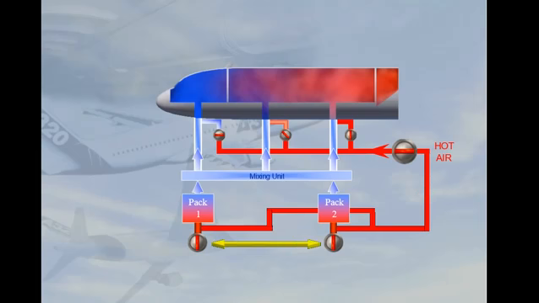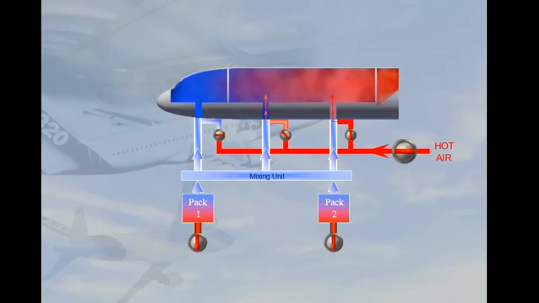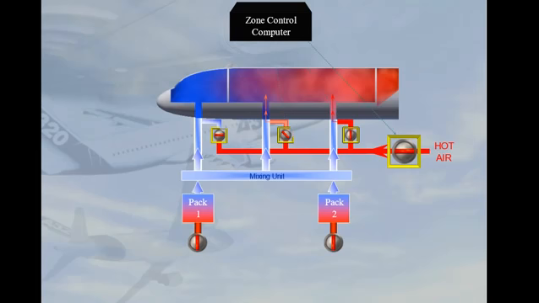This means that if the pack flow valves are closed, there is no air supplied to the trim system. The hot air valve and the trim air valves will automatically close. The trim air valves and the hot air valve are controlled by the zone control computer.